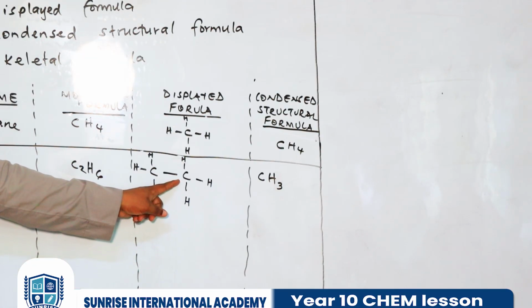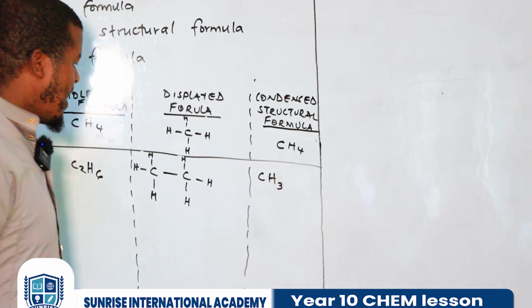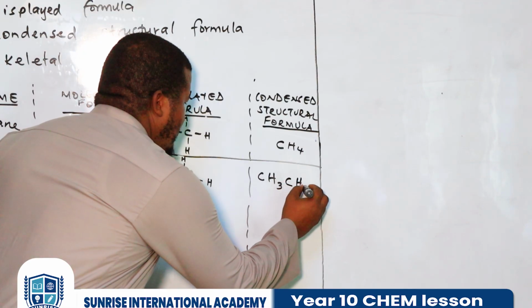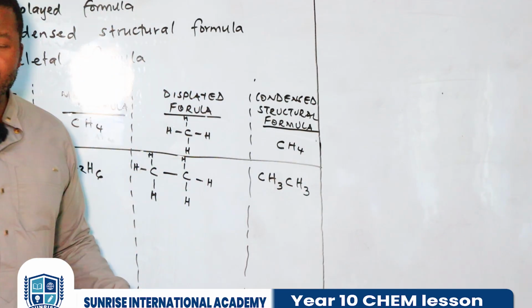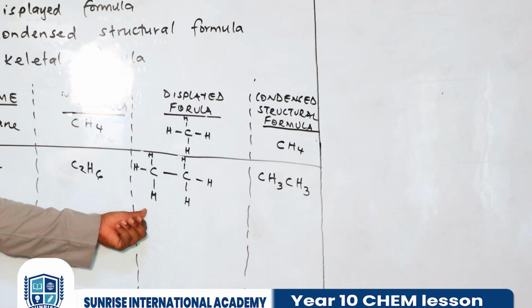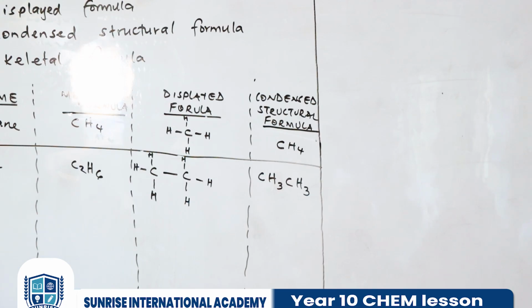How many hydrogen atoms are surrounding the carbon atom? 3 again, so write your C followed by 3 hydrogen atoms. So this is the condensed structural formula obtained from the displayed formula. That is for ethane.